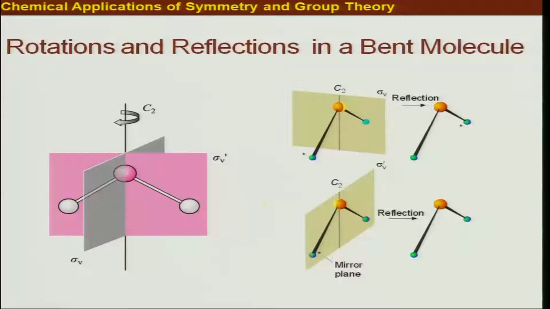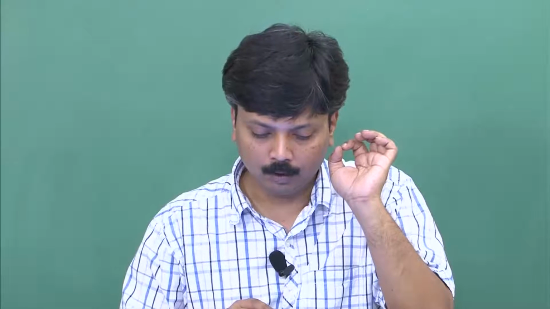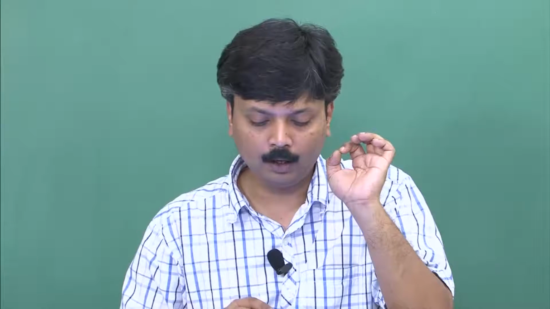In the same structure, I have tried to show two different planes, one in a pink color and another in gray. These two planes are very easy to see here, because this is one of the simplest structures you can have. Each one of them will produce an indistinguishable structure of this water molecule when we perform the reflection.